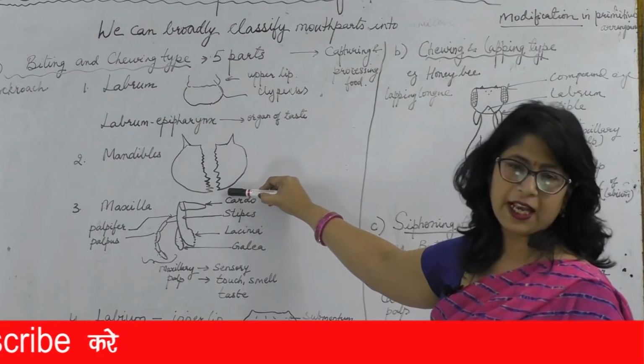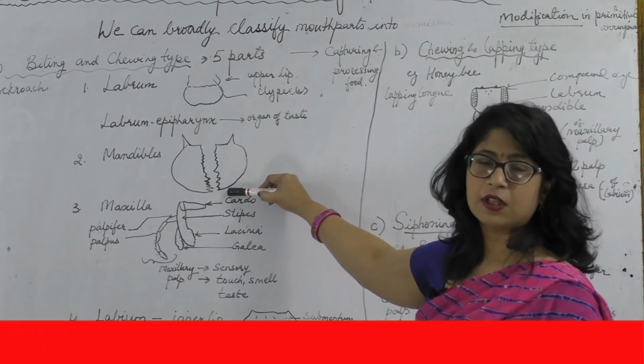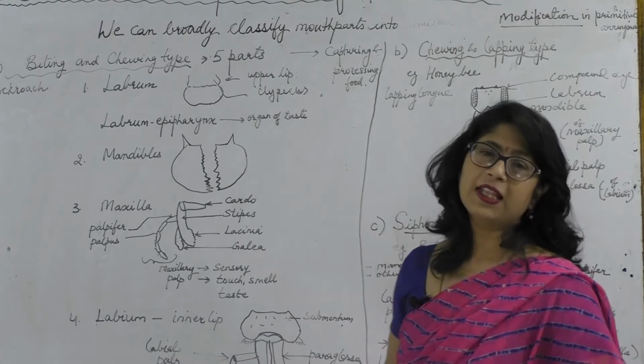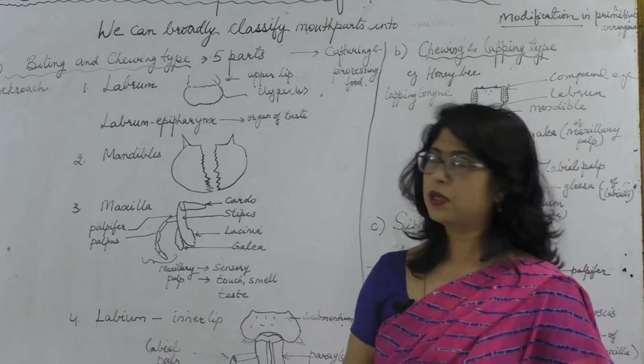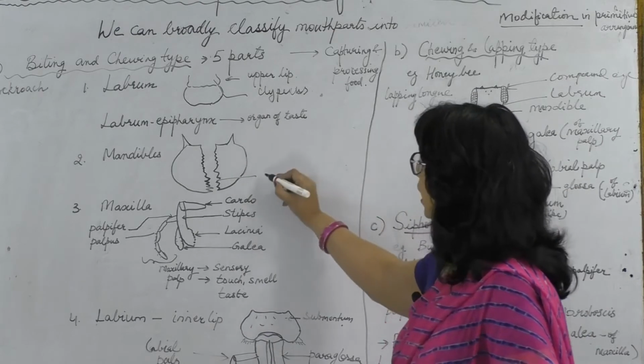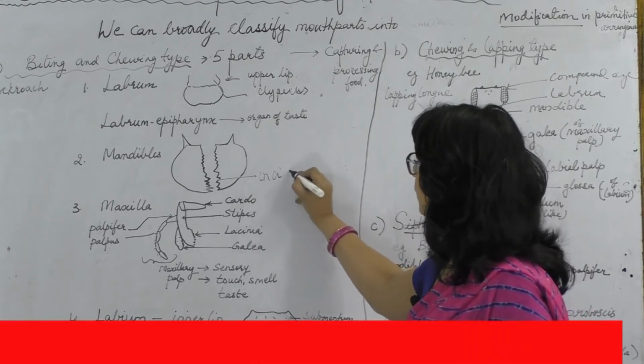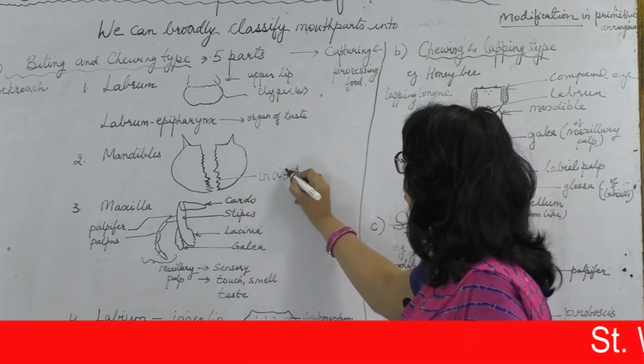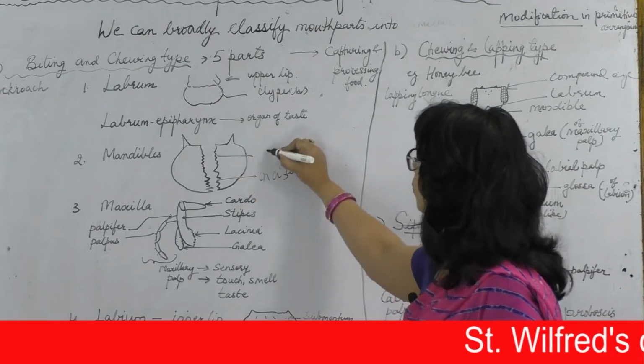The distal teeth are sharp and pointed, and they are called the incisors, whereas the proximal teeth are blunt and they are called the molars.